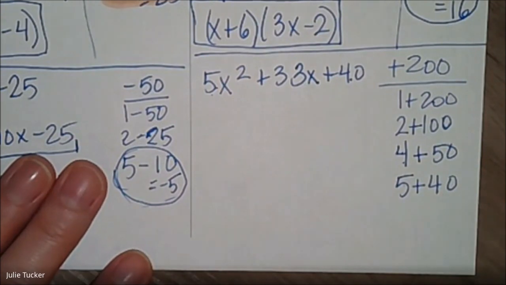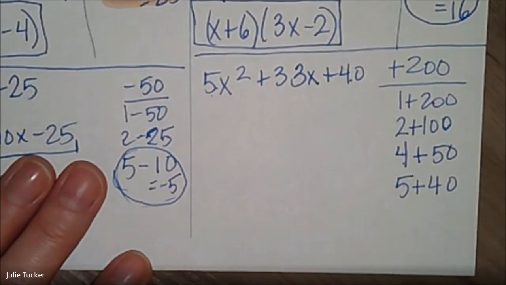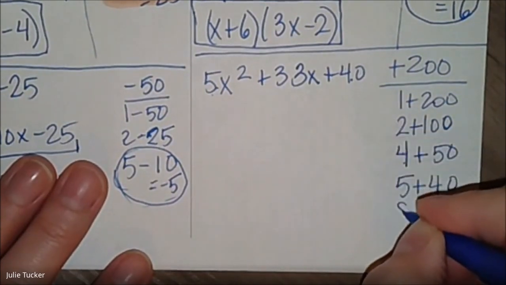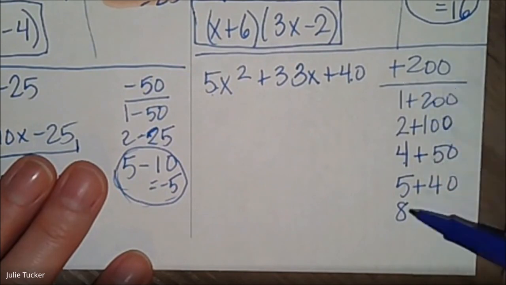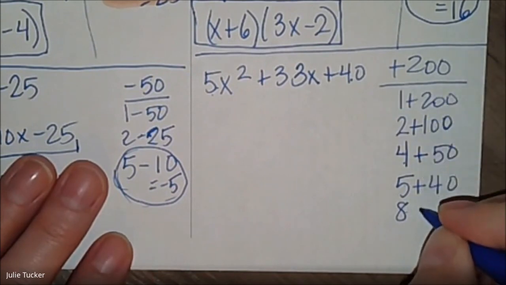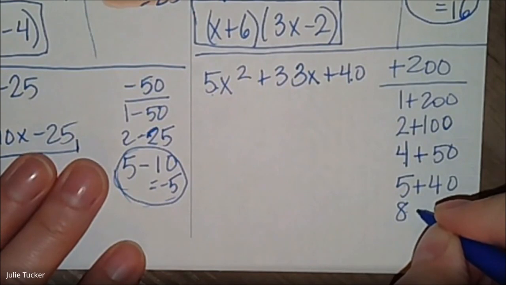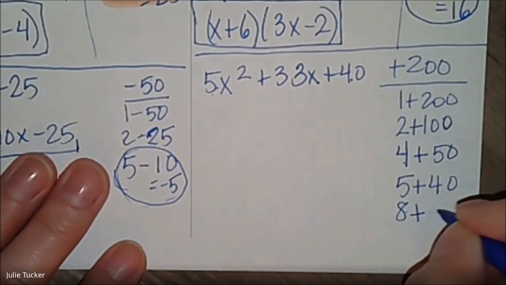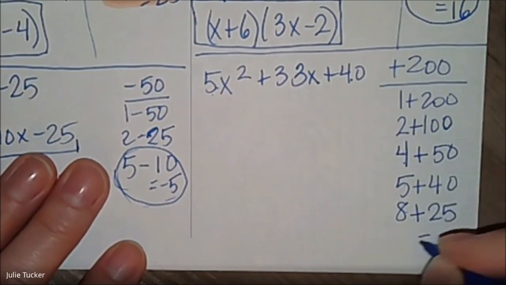The next thing we can try is 6, but that won't divide evenly. 7 won't divide evenly. 8 will. So 200 divided by 8 is 25. 8 times 25 is 200, and 8 plus 25 is 33.